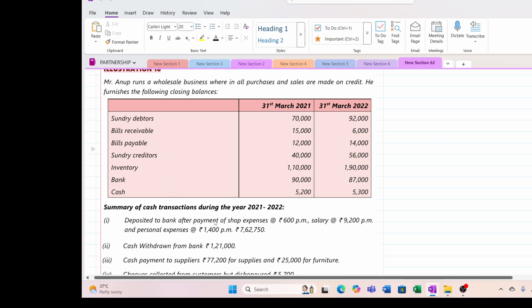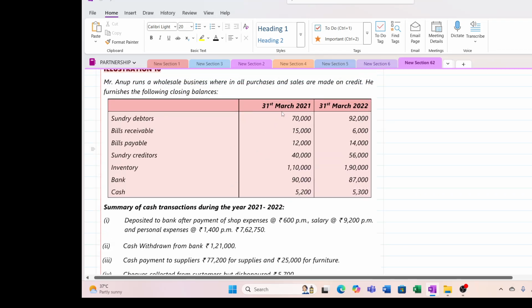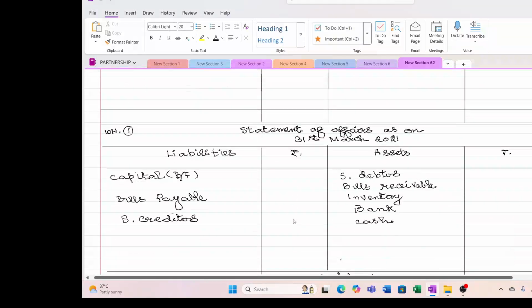Then we have to prepare a cash book with cash and bank columns. First, I am going to post all these balances in my statement of affairs. So let us proceed with the statement of affairs.